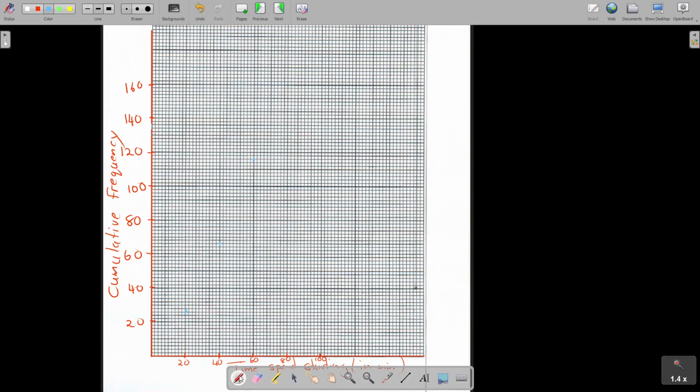So at 80, there is 80. There is 140, and it's 146. And then at 100, luckily it's 160. That one I see better.